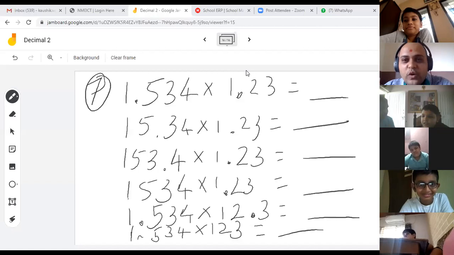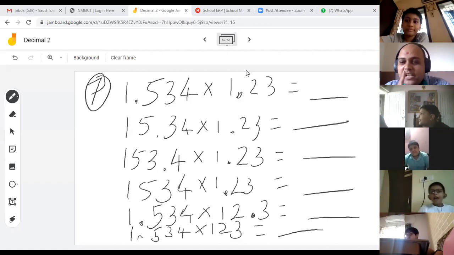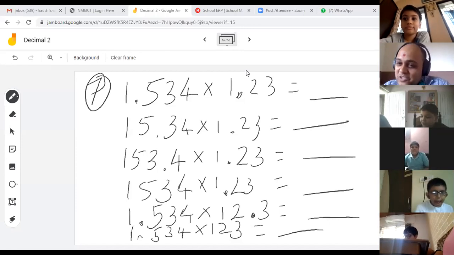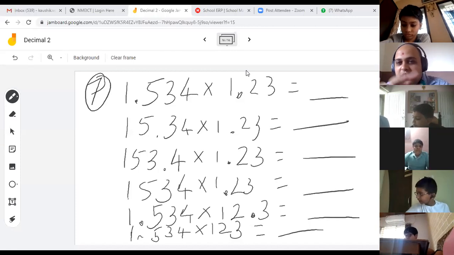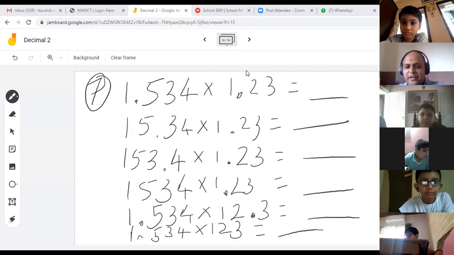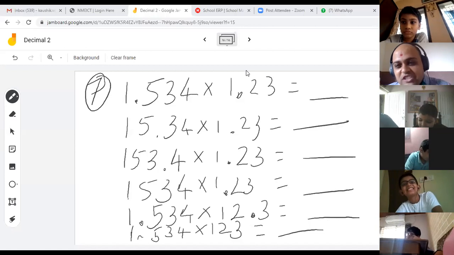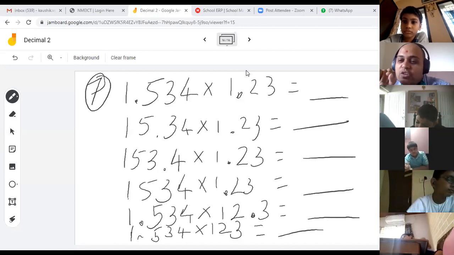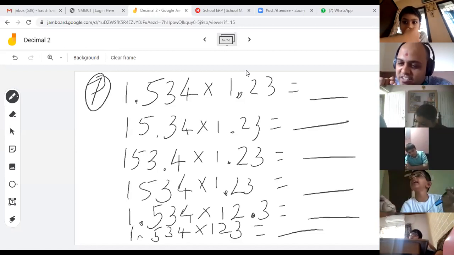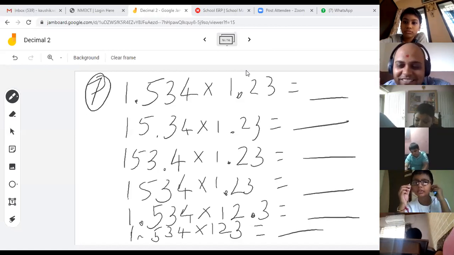So what you have to do, everyone, is do the multiplication only once. You have to multiply 1534 into 123. It's a big multiplication example. Then just change the position: count the total digits after the decimal points and put the decimal point the same way in the final answer, right?